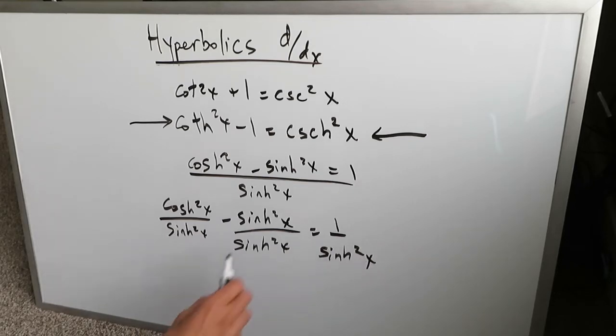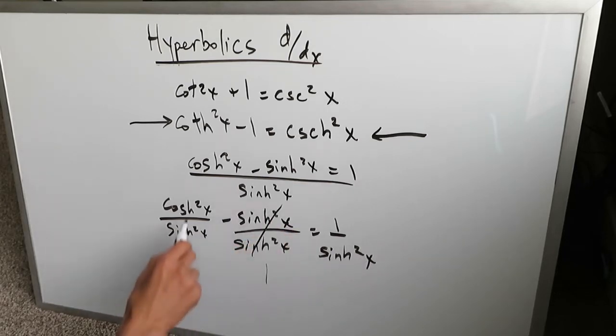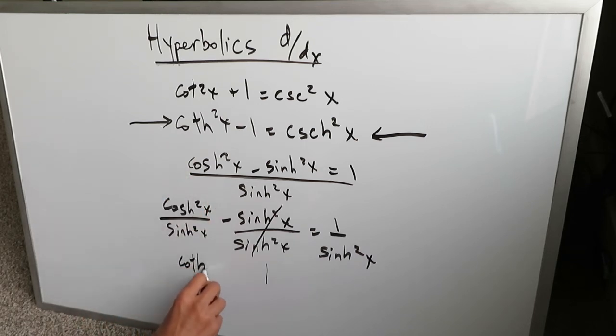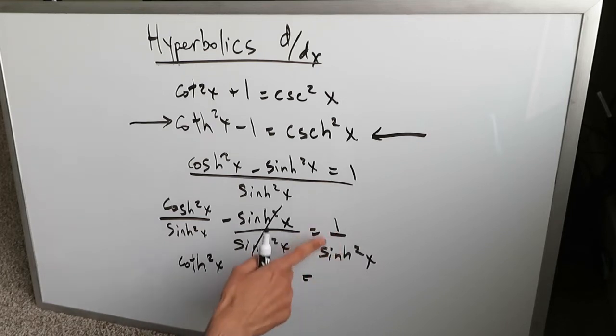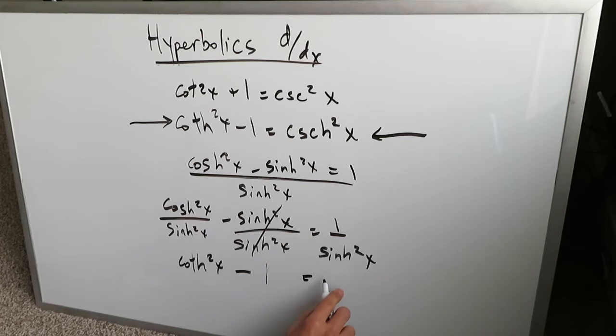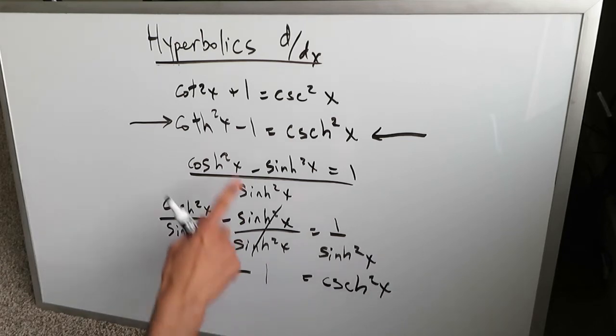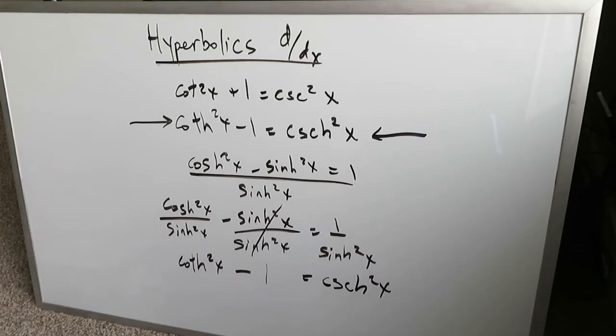It's a mouthful saying these words. Now look over here. This thing cancels out and you get a 1. This over here, cosine divided by sine, or the hyperbolic versions, is equal to hyperbolic cotangent. And you're getting a reciprocal of the hyperbolic sine, which you know will be the hyperbolic cosecant. And you get exactly the same hyperbolic identity.